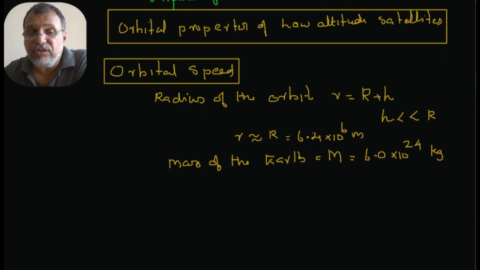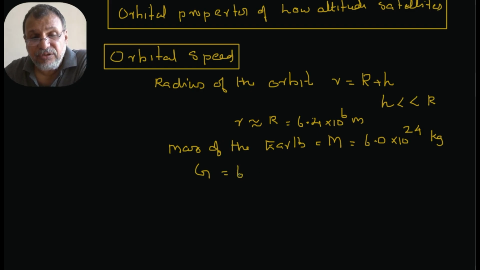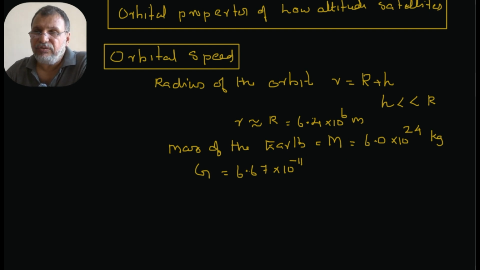Of course, the gravitational constant G, we know the value, is 6.67 times 10 to the power minus 11. So using all these values, we can actually work out the orbital speed.